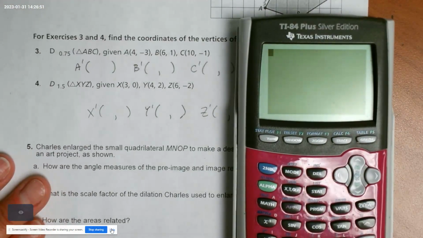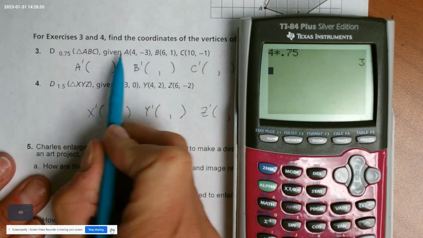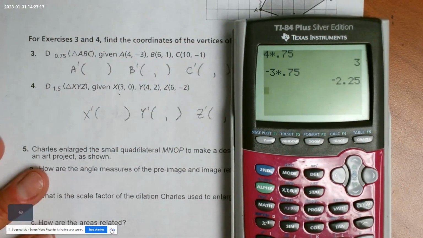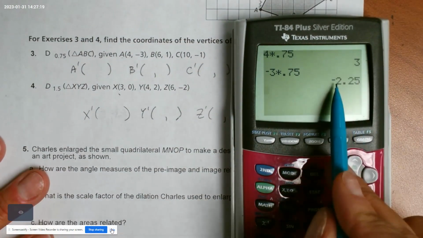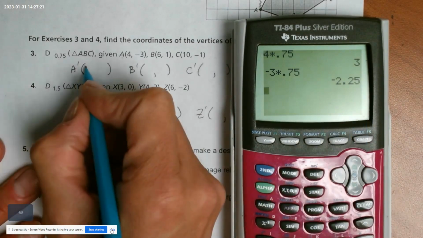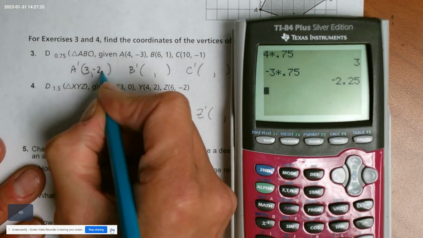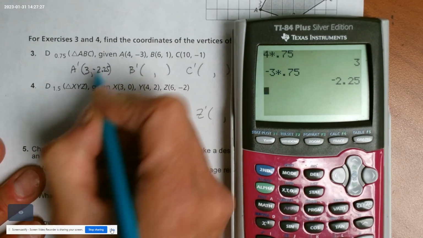So I'm going to do 4 times 0.75, and -3 times 0.75. Okay, so I have 3 and -2.25, so A prime is at 3 and -2.25.